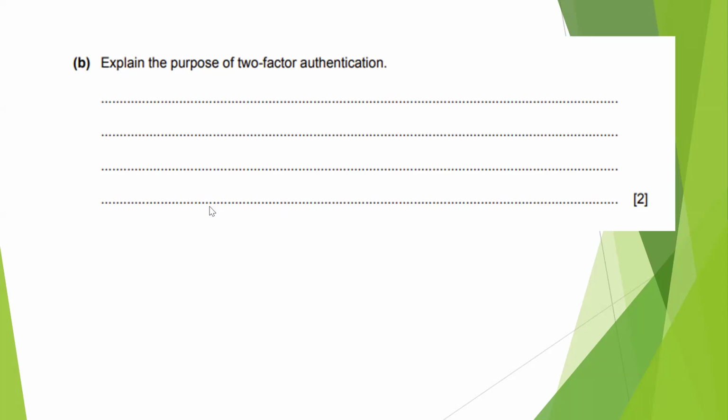Second, any other reason? Explain the purpose of two-factor. Any other reason? No.